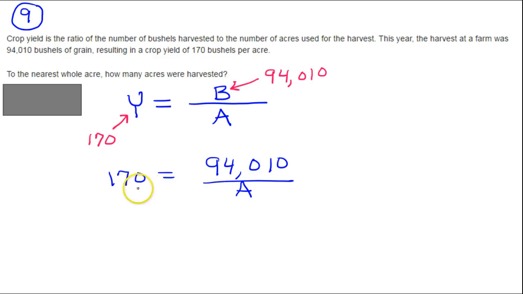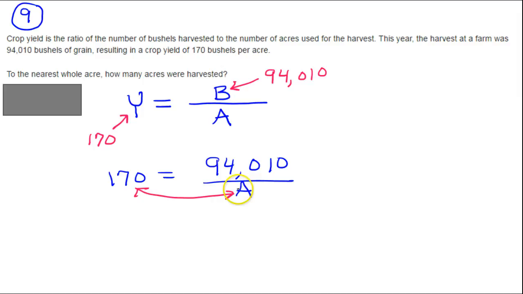A long time ago, I noticed that this happens often enough that it was worth memorizing: if you have a variable in the denominator like this, you can switch the denominator with the number out here by itself. You can reverse these and get a valid equation.